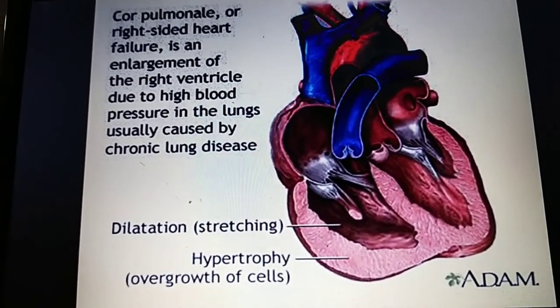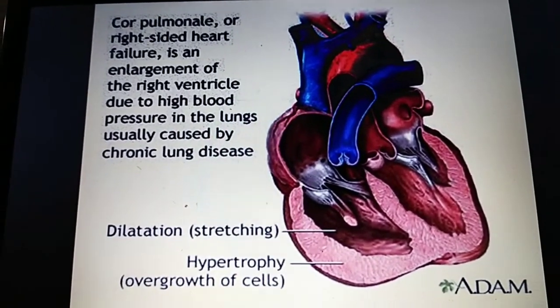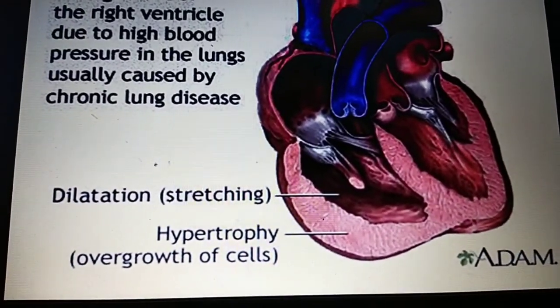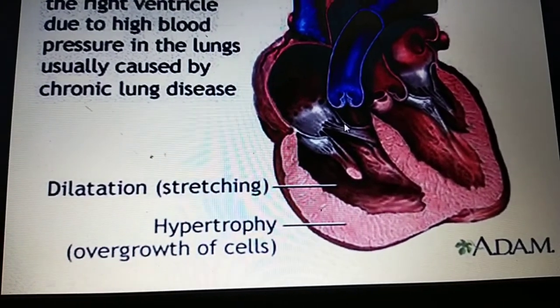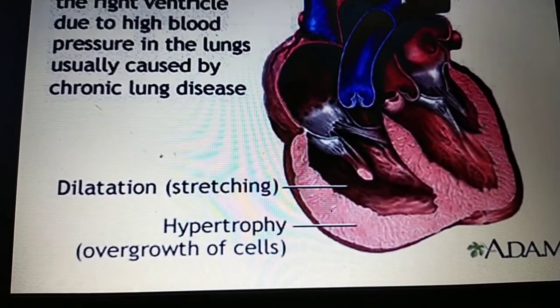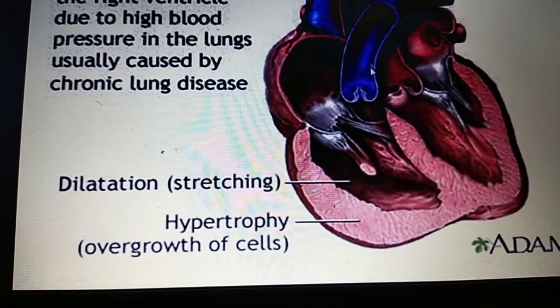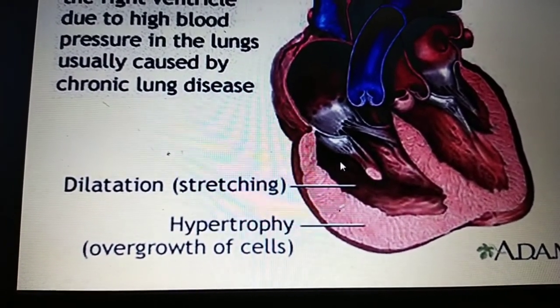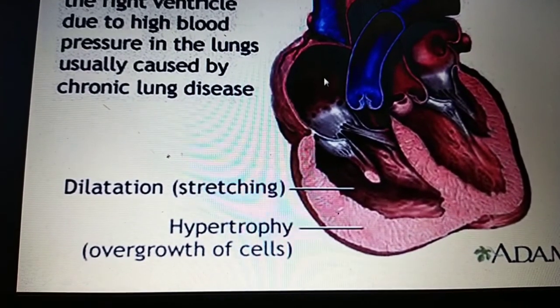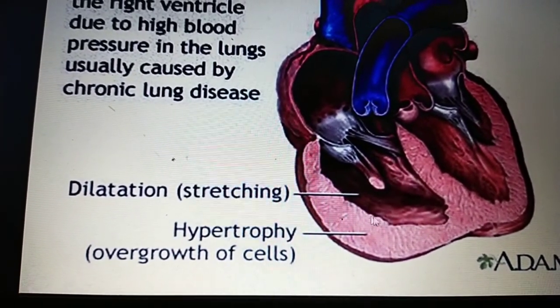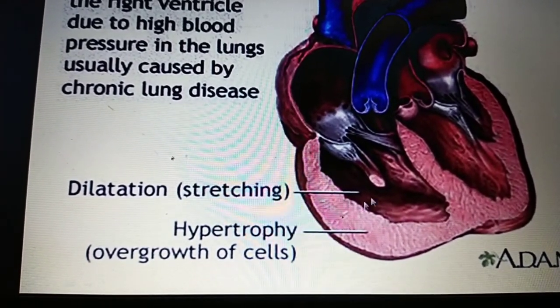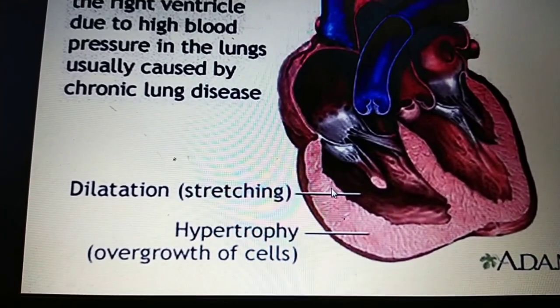Okay, in cor pulmonale both organs are involved, one is the heart, another one is the lungs. And in cor pulmonale, there is an enlargement of the pulmonary trunk and pulmonary artery, and the right ventricle. Because of that, there is backflow, increased backflow pressure.